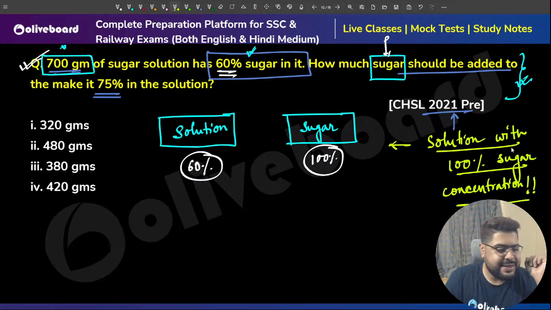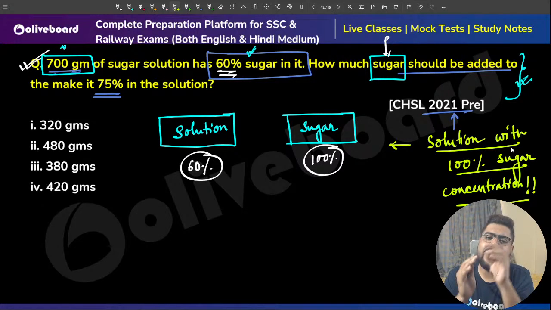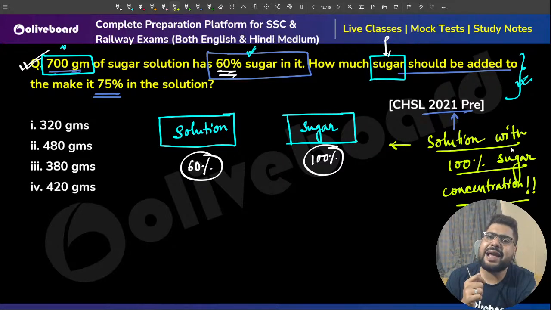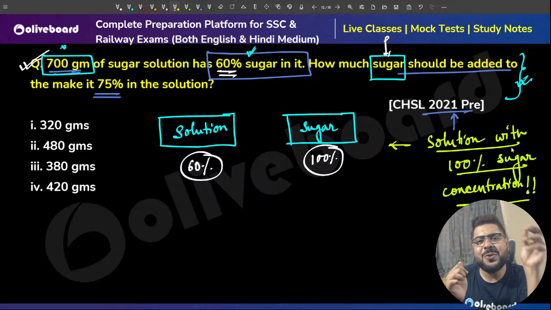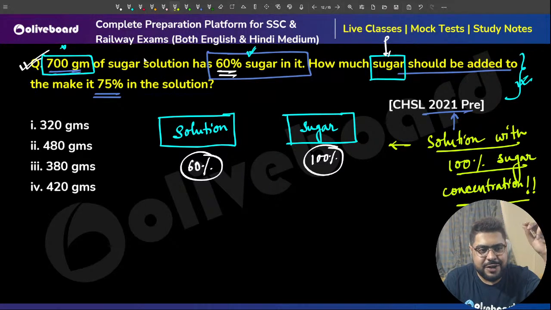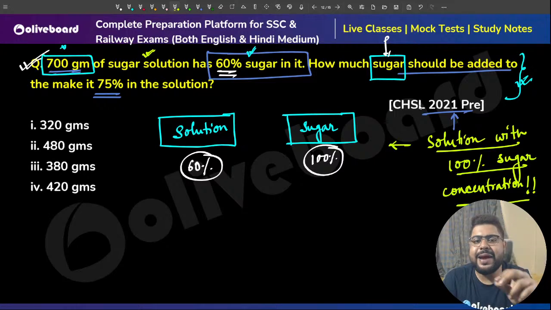Perfect, everyone, makes sense? Can you guys think like this? Adding only sugar means I am adding another solution with 100% sugar concentration. So the first solution of mine had 60% sugar. The second solution that I am adding has 100% sugar concentration.